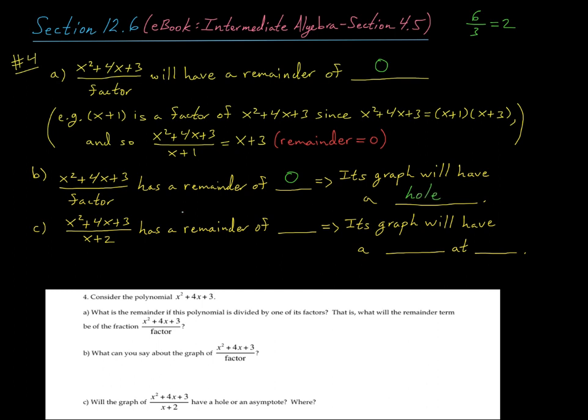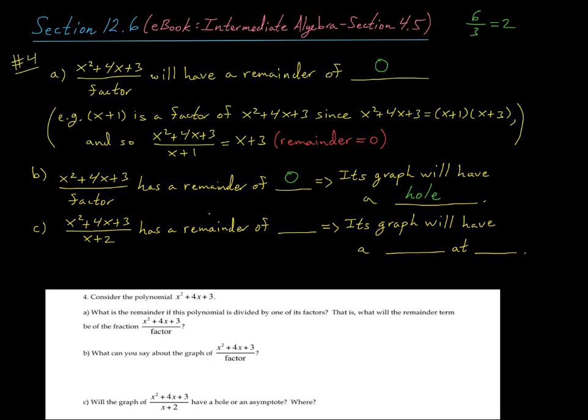So that was like problem number 2, where our graph was a line, but then we had that hole at the point 1, 0. In question 3, though, we had a remainder that was not 0, and we saw there that the graph of the function had a vertical asymptote. Okay, so those are the two possibilities we're considering here.